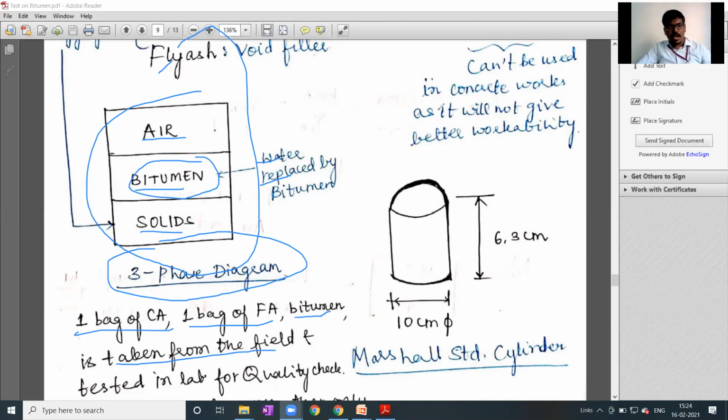They are tested in the laboratory for quality check. You need to do all the tests on aggregates first, and also all the tests on bitumen. Clear?